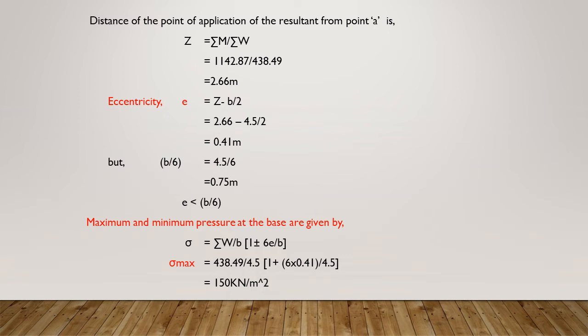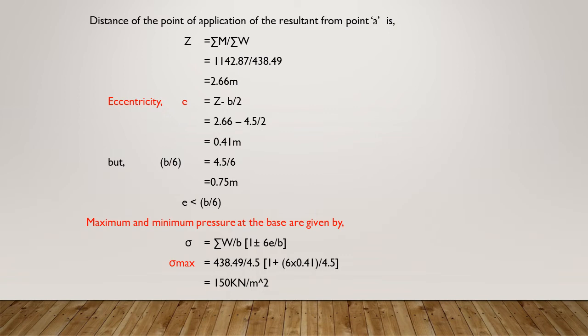Then the minimum and maximum pressure at the base is given by a simple formula. Sigma max is equal to sum of load by b, times the bracket 1 plus or minus 6e by b. For sigma max you take it as 1 plus, otherwise for sigma minimum you take it as 1 minus.